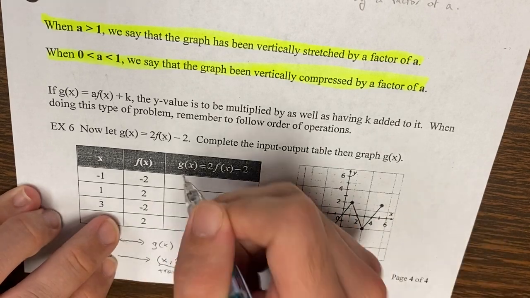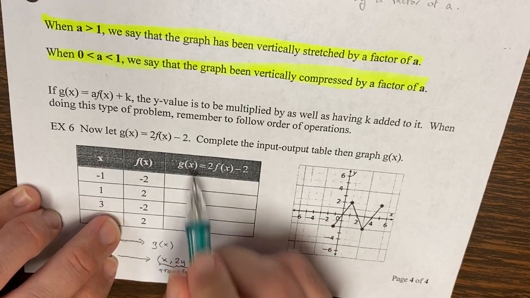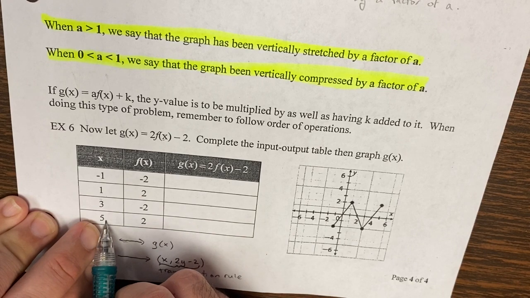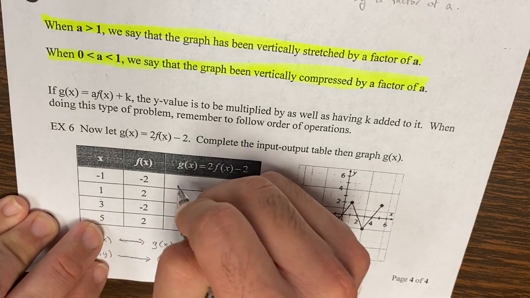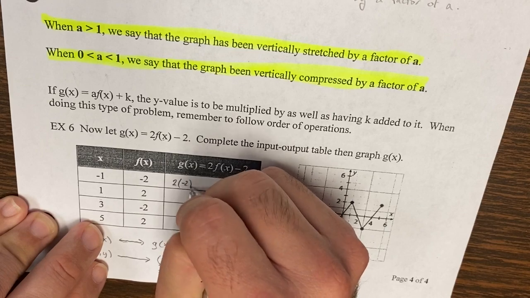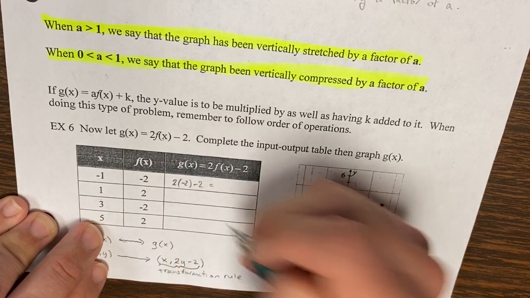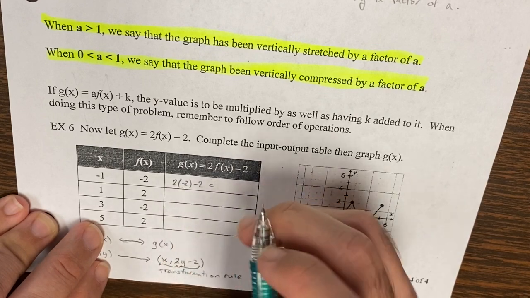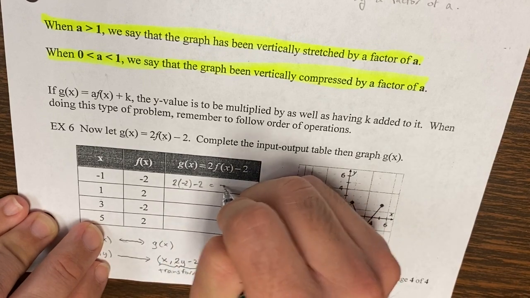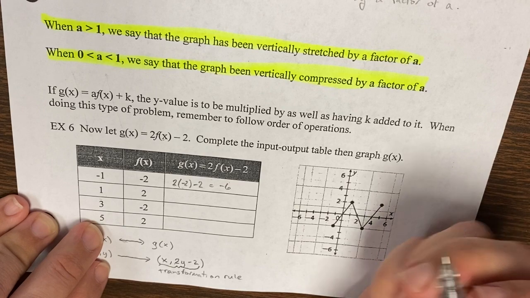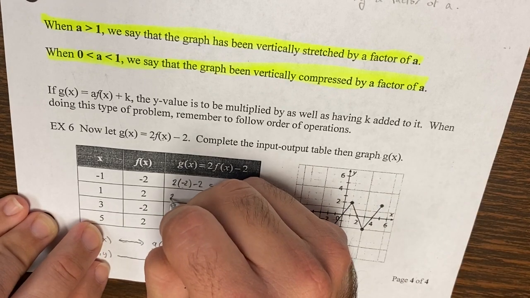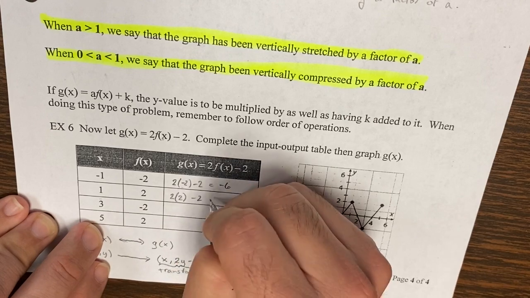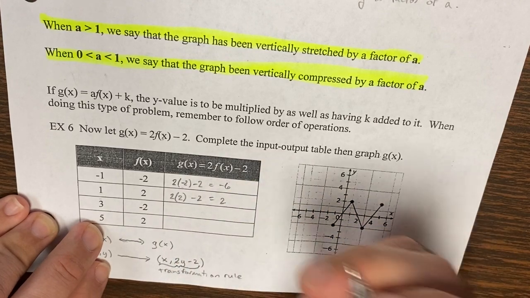All right, so how do we get the points for g of x? Well, we just follow our rule. All these x's are going to stay the same, but my y values are going to get multiplied by 2 and then subtracted by 2. So my y value is going to be 2 times negative 2, which is negative 4, minus 2 is negative 6. Same thing here. I'm going to take 2 times my old y, and then subtract 2. That's going to be 2.